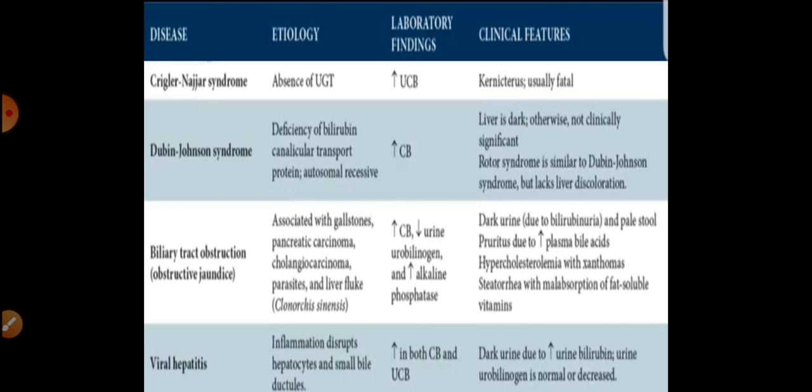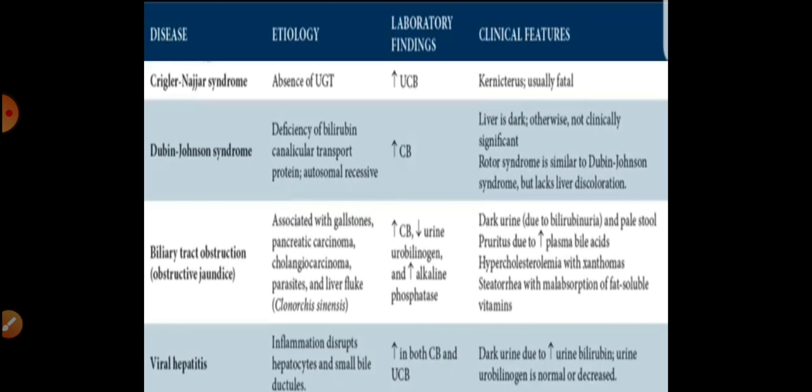Whenever there is obstruction to the bile flow, bilirubin formation, uptake, conjugation and secretion are normal. Therefore, in this condition, the conjugated bilirubin concentration is high in the blood.